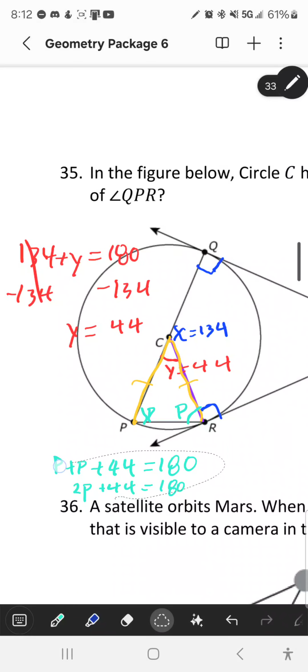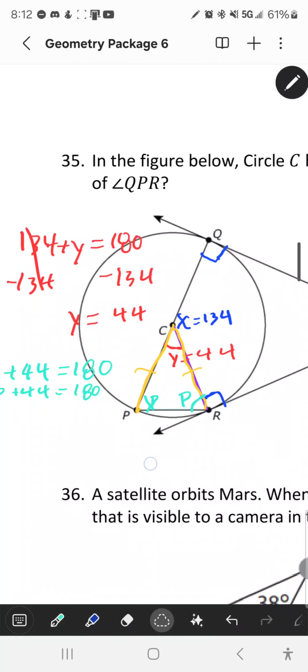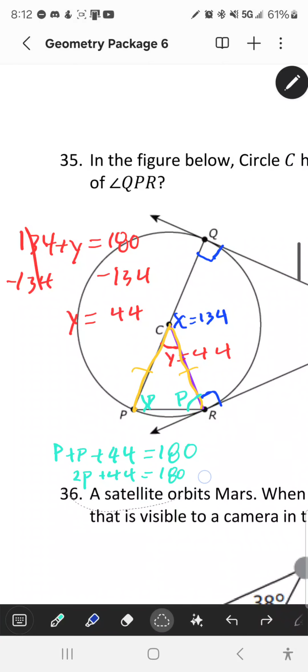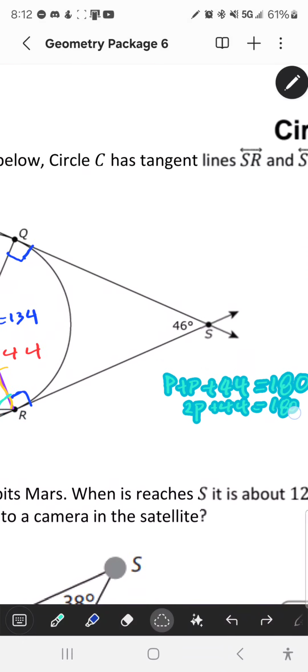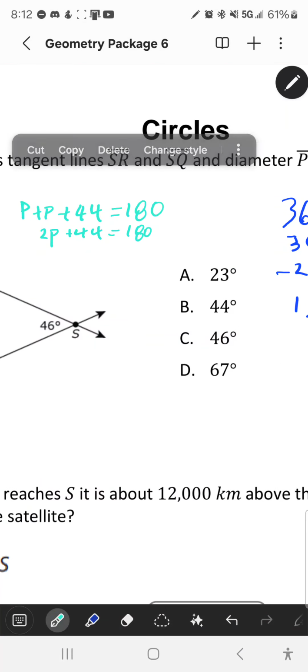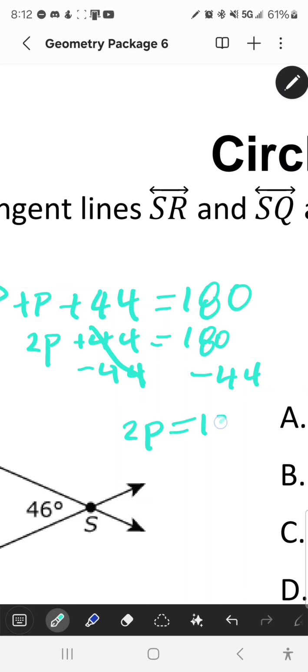I can subtract 46 from both sides. So this cancels out. So 2P equal 134, and then I divide it by 2, and P equal 67.